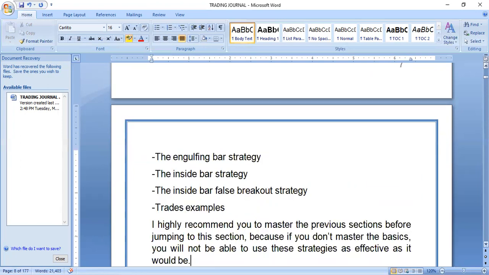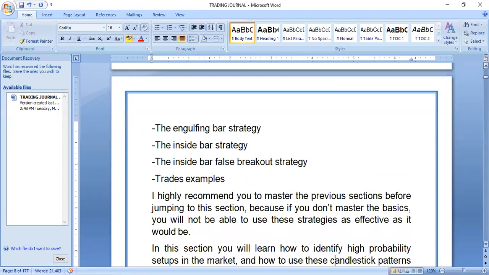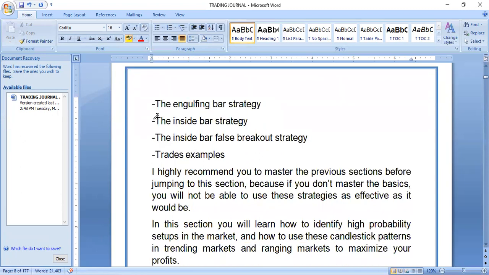One, you have the engulfing bar strategy, and the inside bar strategy. Underline these two; I'll emphasize them. I highly recommend you master the earlier sections before jumping to this section, because if you don't master the basics, you will not be able to use these strategies as effectively as you should.